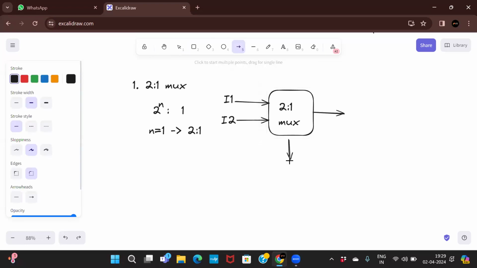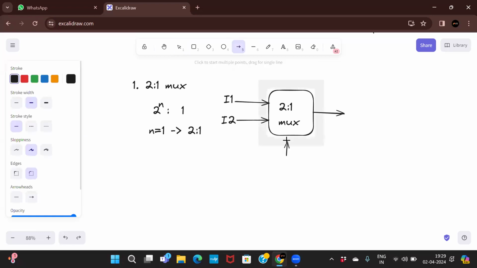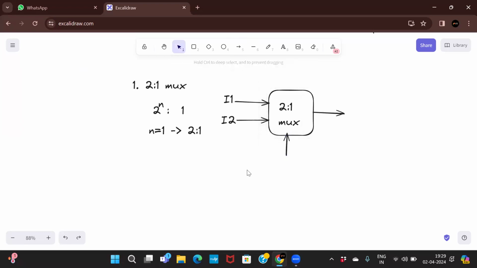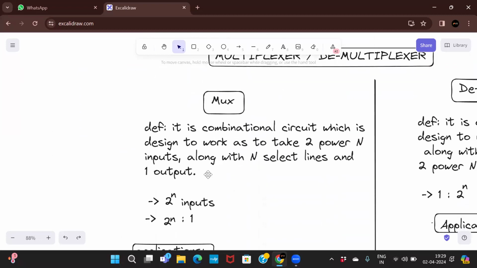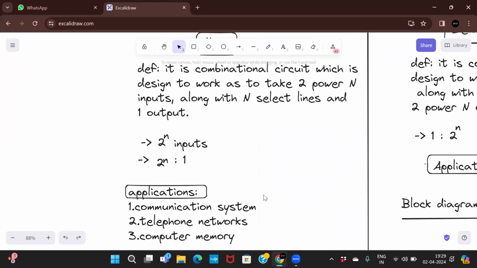Read the definition once and you'll get the idea. A mux has to take 2 power n inputs along with n select lines.